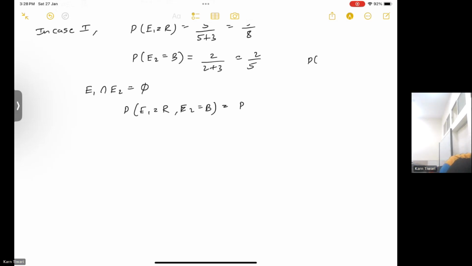Probability of E1 and E2 is equal to probability of E1 times probability of E2, since E1 and E2 are independent events.